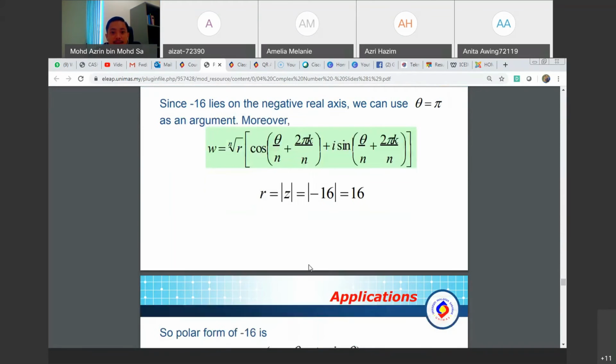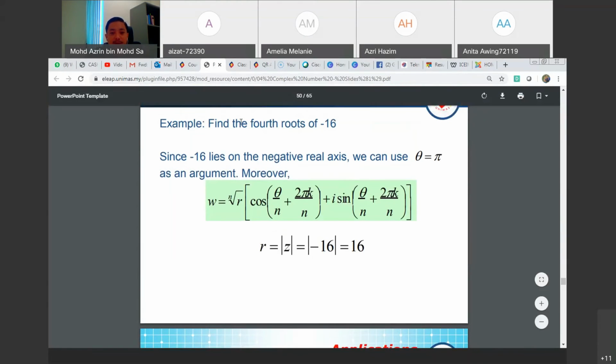Now, the example. It says here, find the fourth root of negative 16. Since negative 16 lies on the negative real axis, we can use theta equal to pi as an argument. Moreover, this is the formula from earlier, W equal to R and so on.